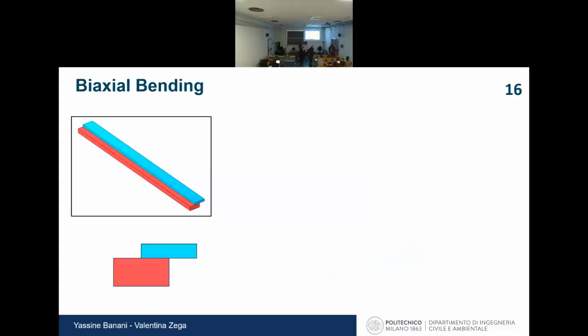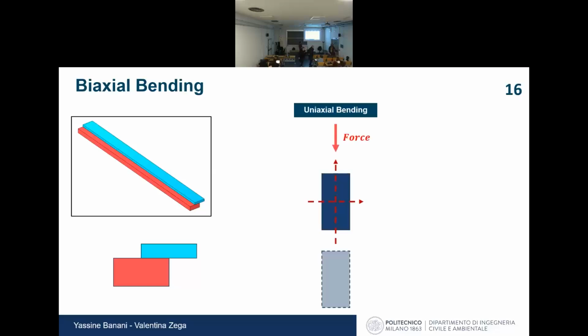And what we have here is a long beam with an S-shaped section. This is a non-symmetric section with respect to the vertical axis. Why do we need this? Because with symmetric sections, like this one, the vertical direction is a principal axis. So if you push with a vertical force, you will have a vertical displacement only.